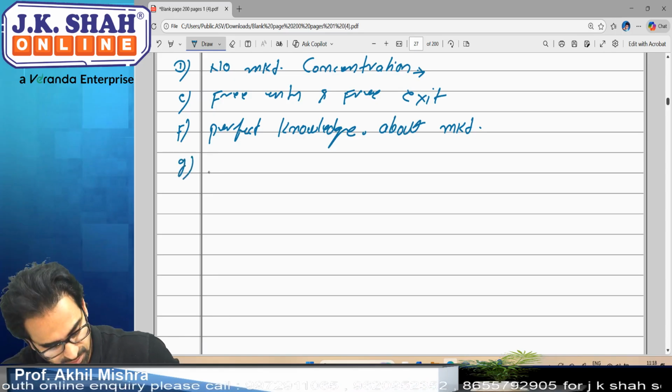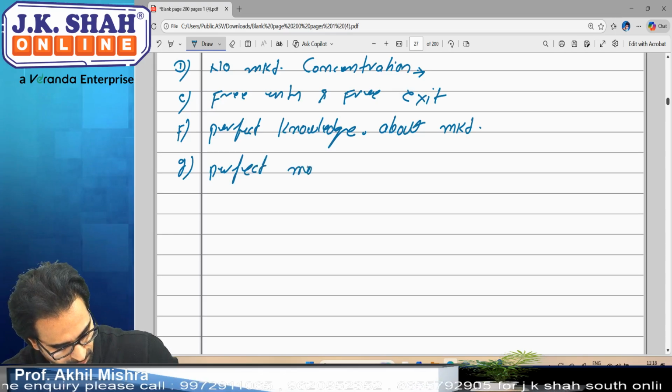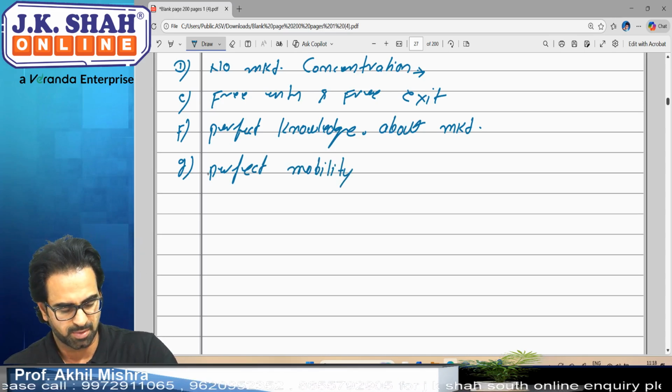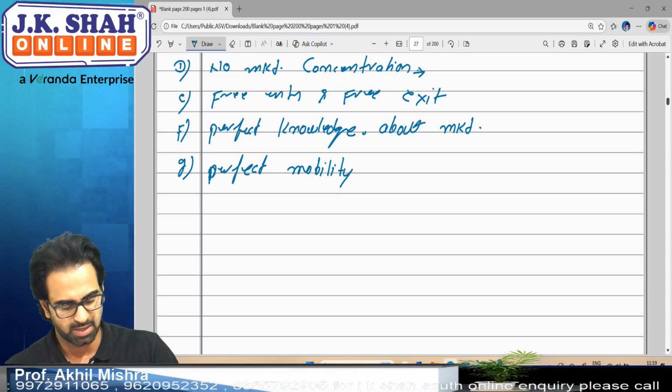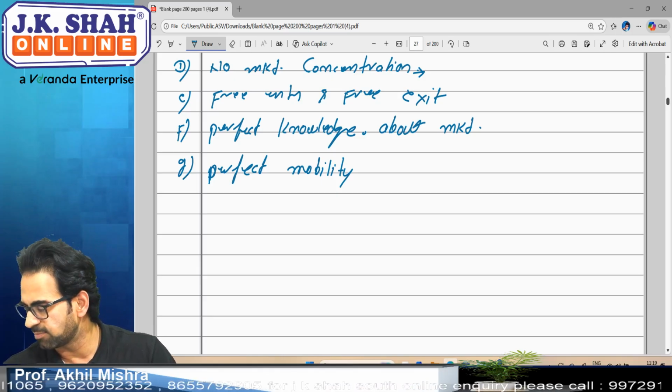Perfect mobility. Goods are mobile from any place to any place, right? There's no restrictions in mobility. The factors of production can easily move.